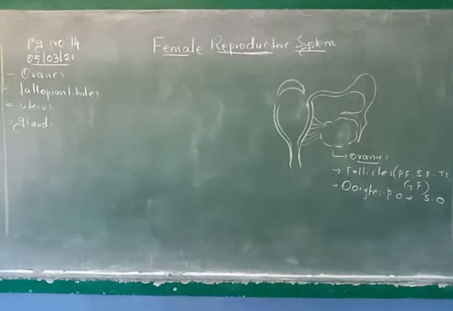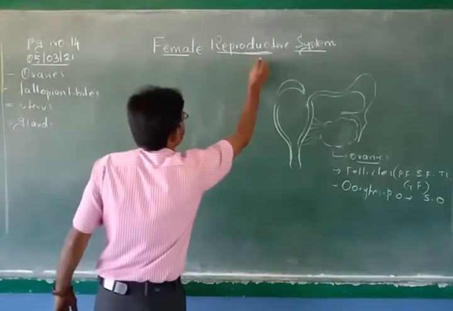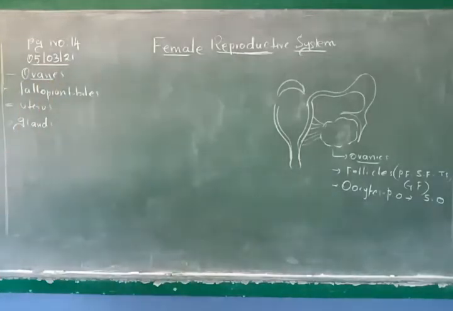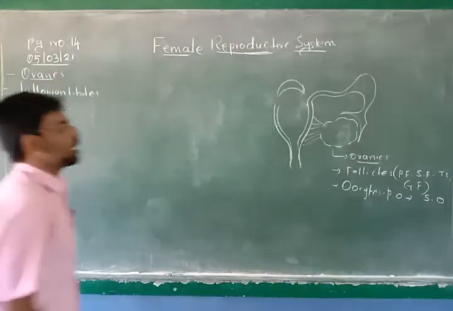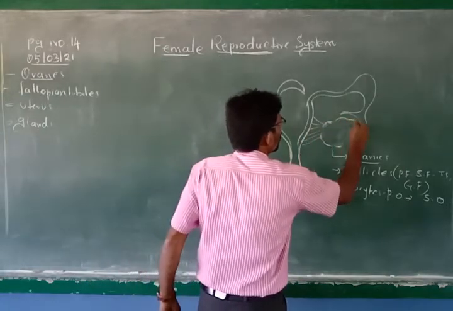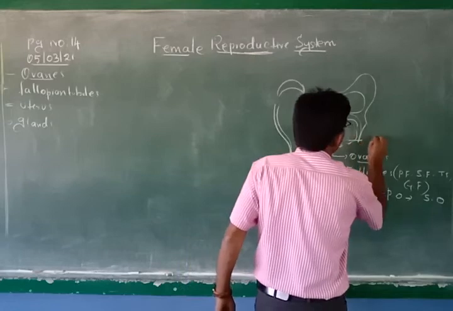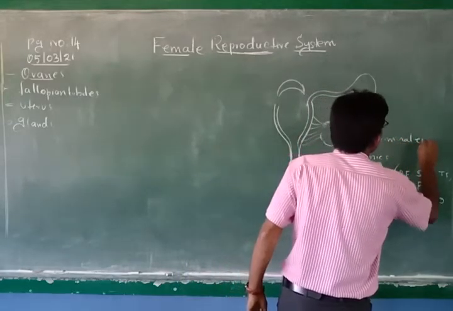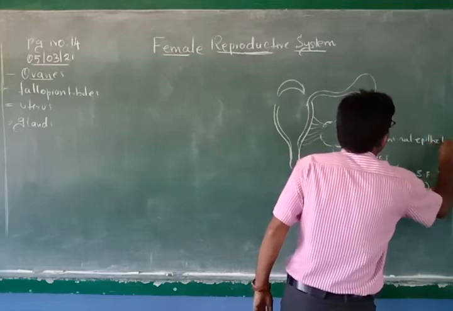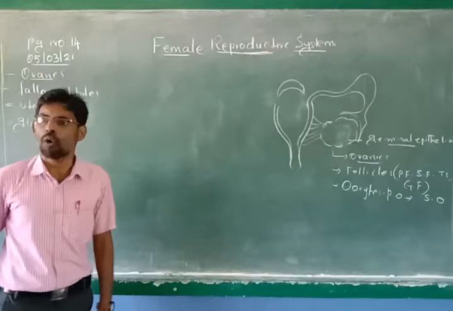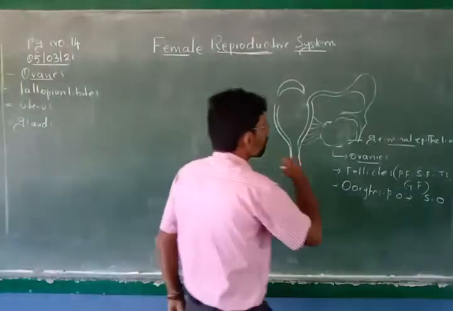So in the female reproductive system we are concentrating on the ovary as well as the structure of the ovaries. Now, this ovary is surrounded by a layer we already know, called the germinal epithelial cells. The germinal epithelium cells are located on the cortex part of the ovary. The ovary has a cortex and a medulla.